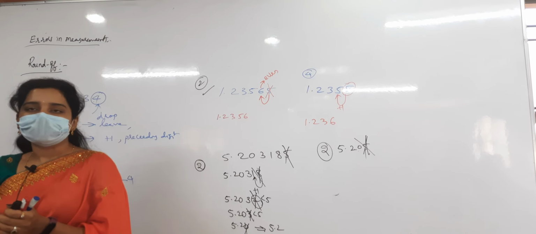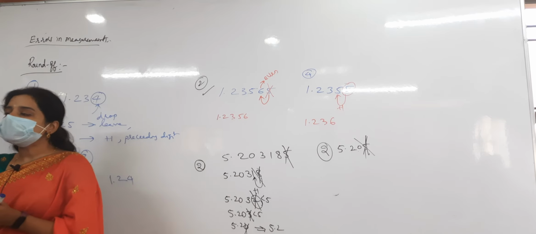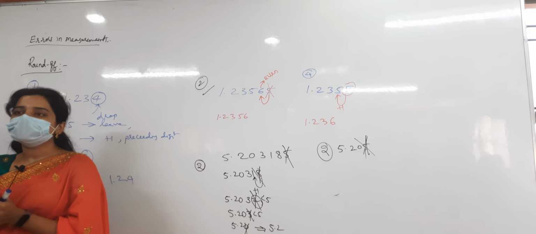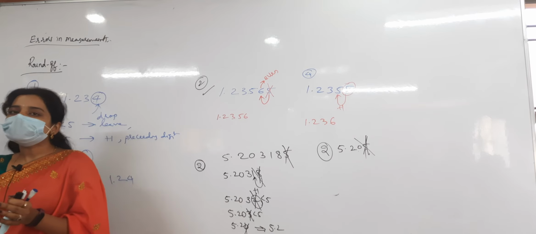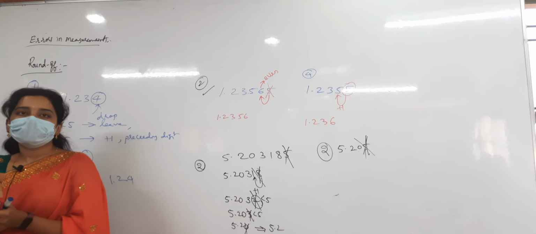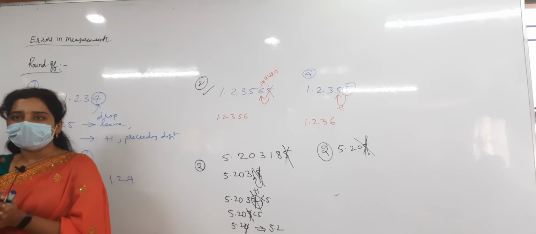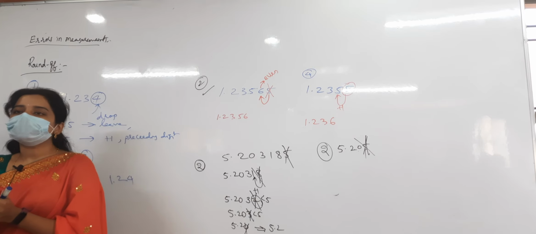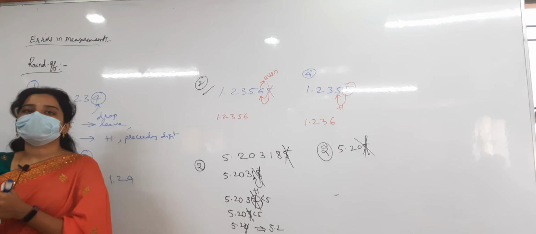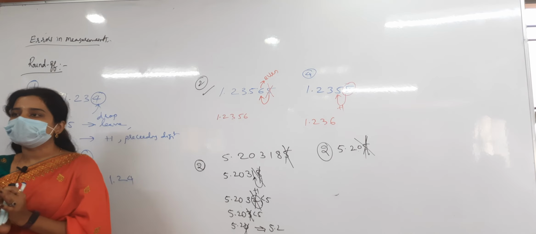Whenever the last digit is 5, observe the preceding digit. If the preceding digit is even, drop that 5 and write the number as it is. If the preceding digit is odd, add 1 to it and drop the 5. If the preceding digit is 0, consider it as even, drop the 5, and leave the number as it is.